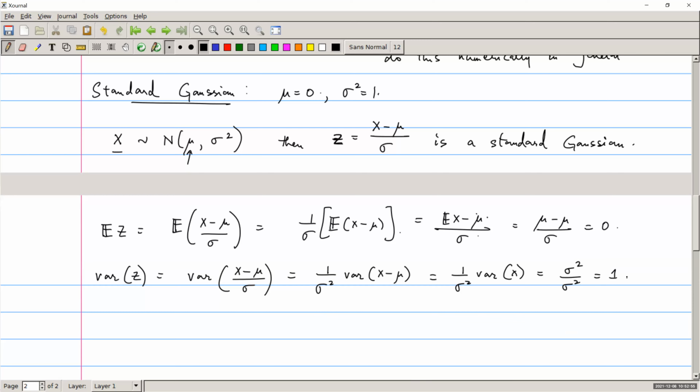So this is all we are saying. If x is a Gaussian random variable with mean mu and variance sigma squared, then the random variable z has mean 0 and variance 1. What is interesting is that z will also be Gaussian. The distribution of z will also be Gaussian.